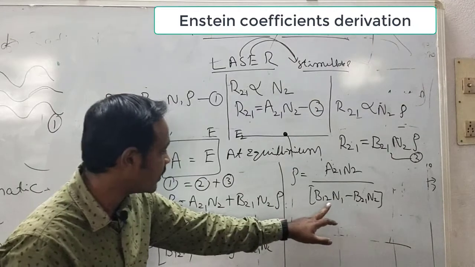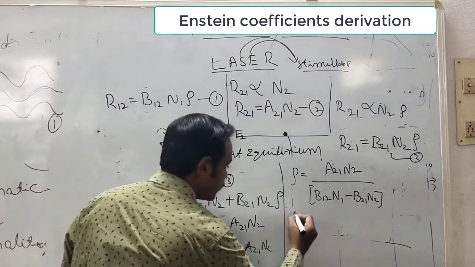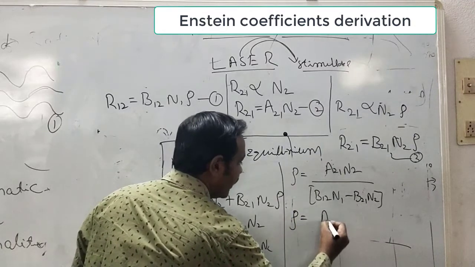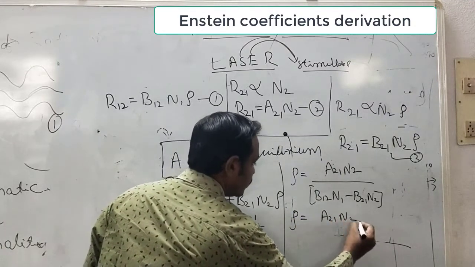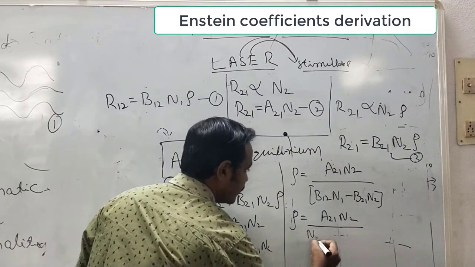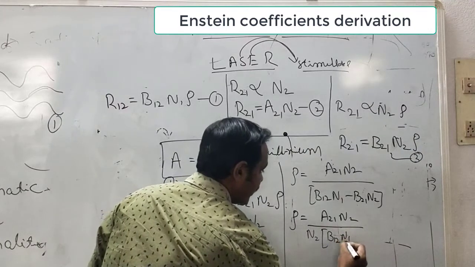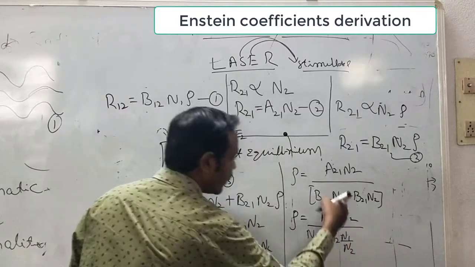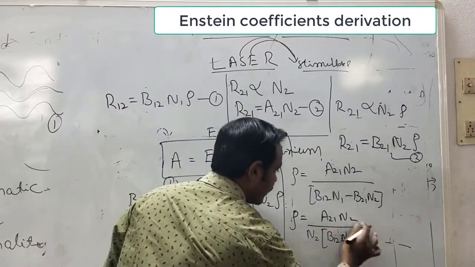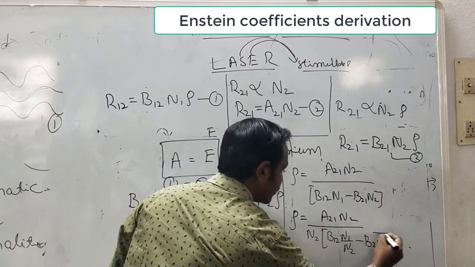Can I take out N2 as common here? Why? Because here we have N2. So I will take out A21 N2 from the denominator, taking out the common N2. B12 N1 by N2, because we don't have the N2 term in the other factor, that's why B21 you will get.